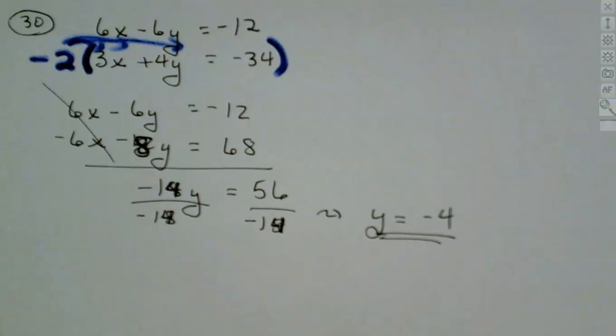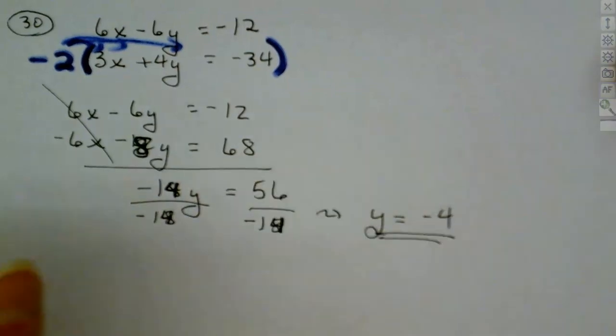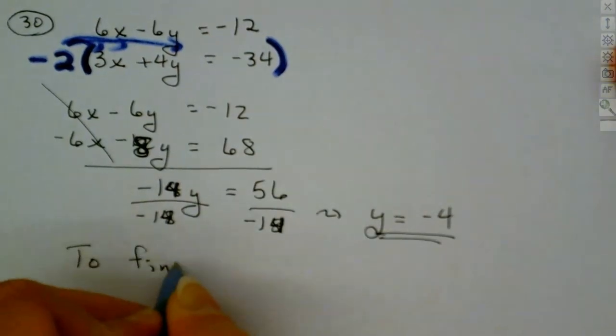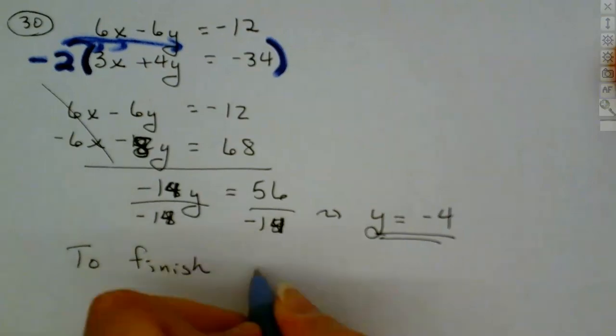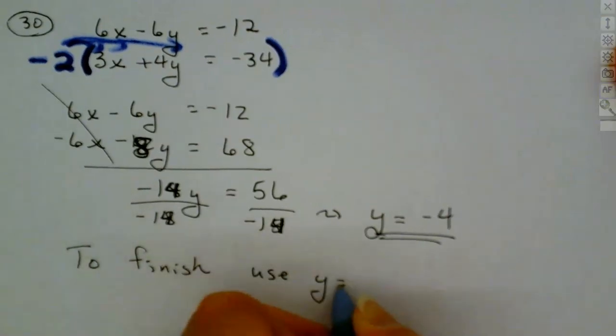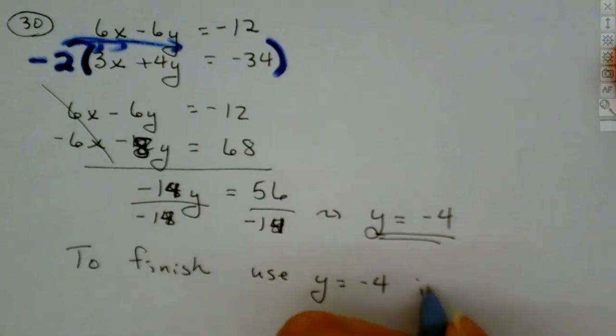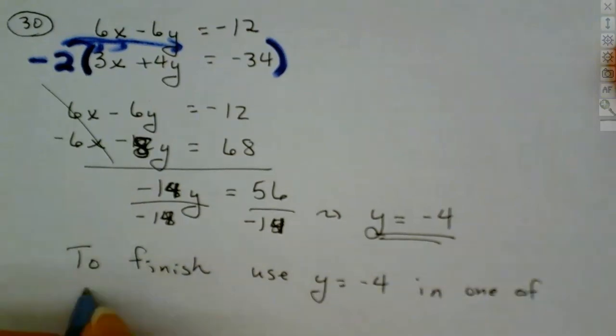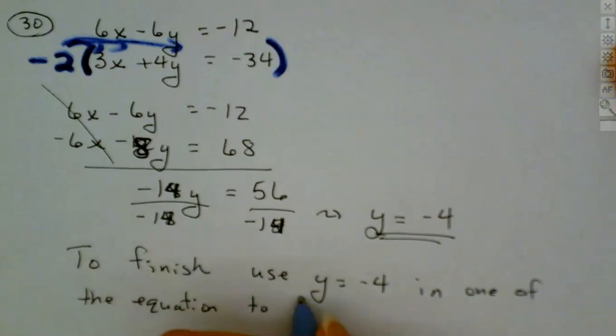Now, how do we finish it? I'm not going to finish it, but what would you do? Okay, to finish it, use y equals a -4 in one of the equations to find x.